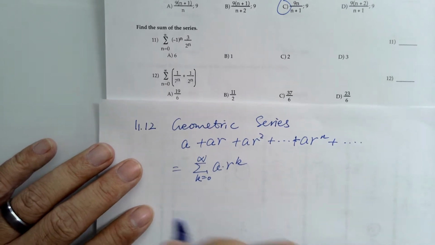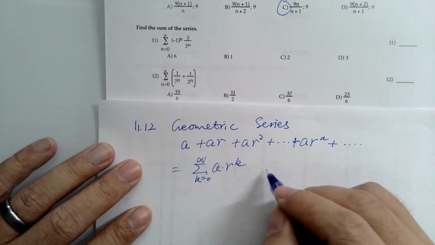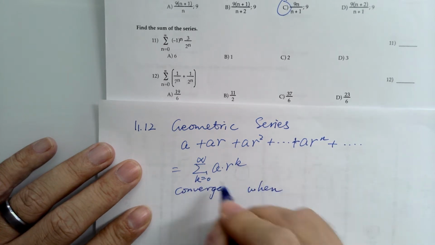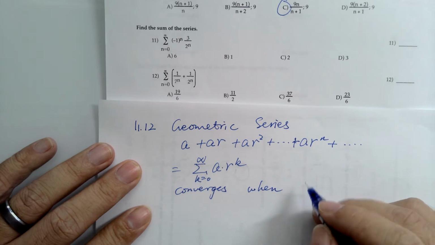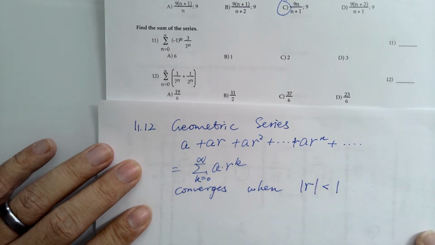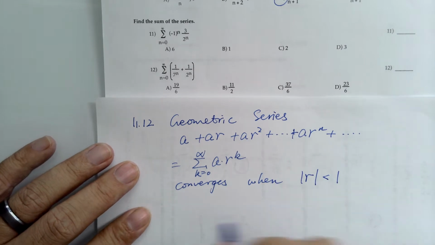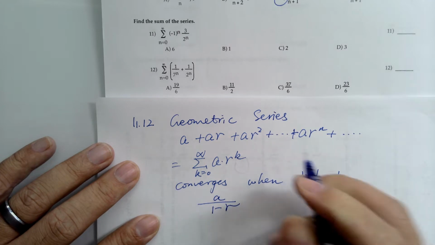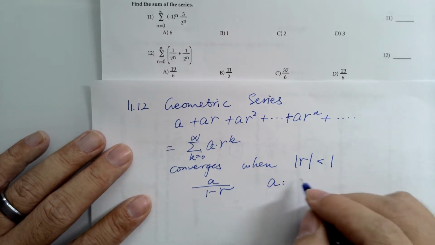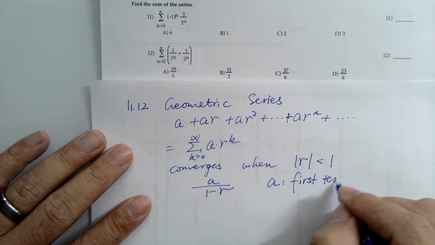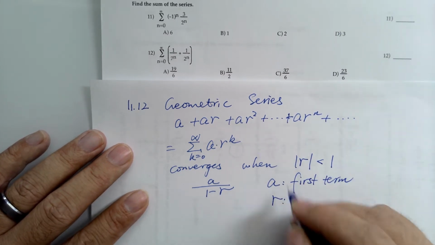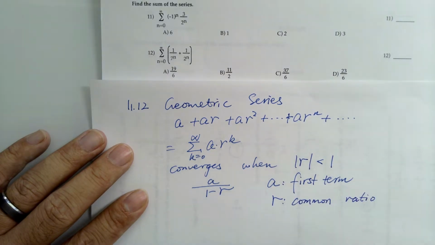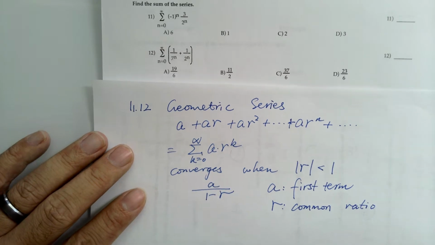A geometric series converges when this r, which we call the common ratio, satisfies |r| < 1, and it converges to a over 1 minus r. So this a is the first term, and this r is what we call the common ratio. Okay, cool. So those are the backgrounds.